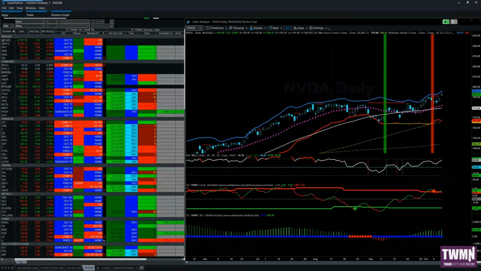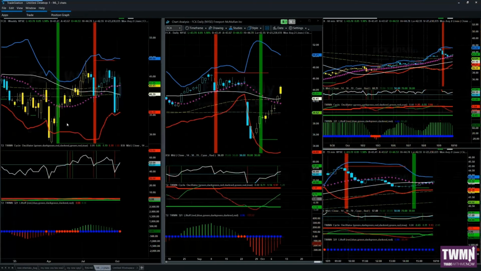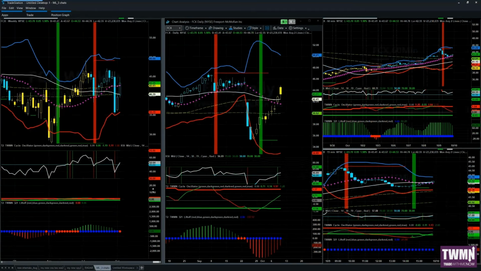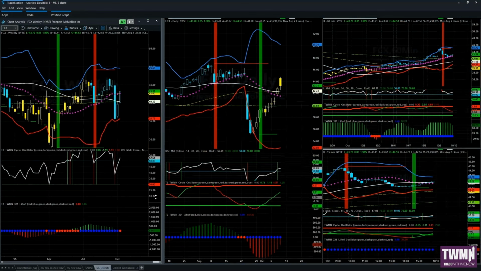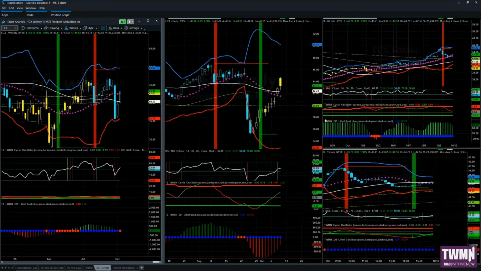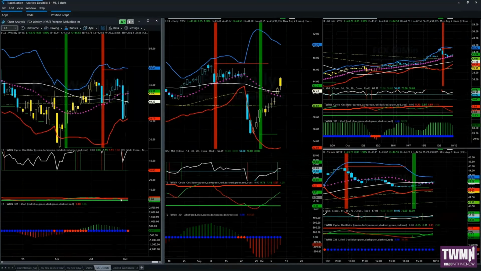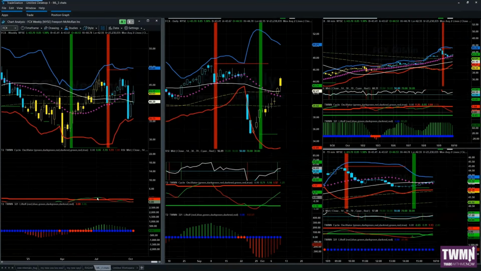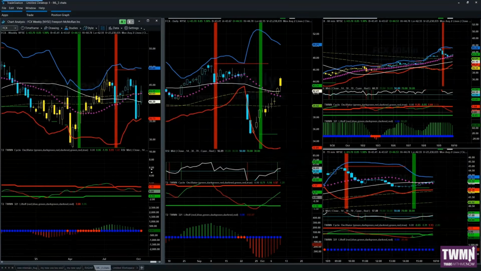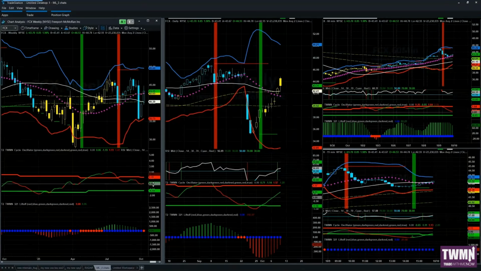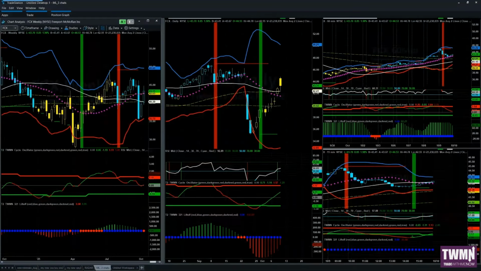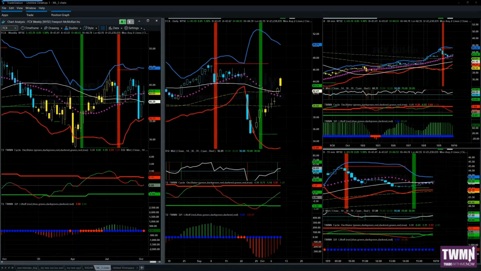In fact, if you look at this, I know this looks like a lot, right? But it really isn't. These four charts tell me everything that I need to know about the stock. The only addition here that you may not have is this ribbon, which comes with CTV.